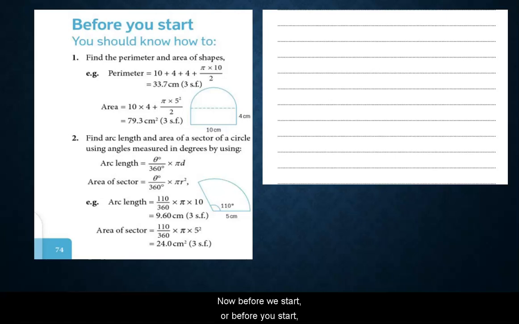Before you start, you should know how to find the perimeter and area of shapes. This is something you did in IGCSE, year 10 and year 11. Again, in math, what is a perimeter?